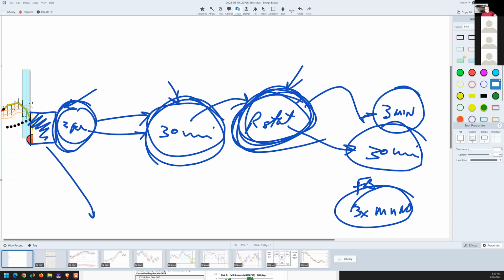Now, what that means is that your 3-minute position for the same number of... correct. I'm not using the R stat. I'm using the 3 times MMRB because I'm working on the 30-minute R captures.